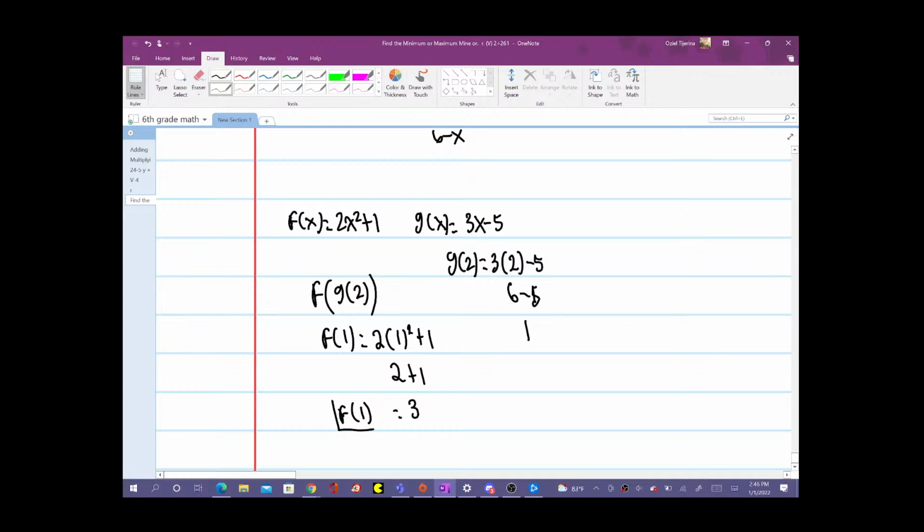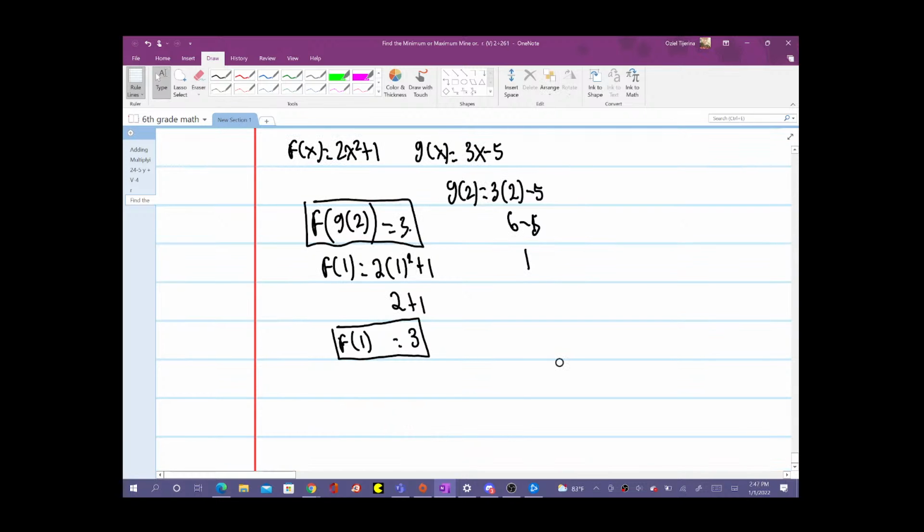Now, what's the next one? They want us to find f of g of x. So f of g of x is going to be f of 3x minus 5, which is 2 times the quantity 3x minus 5 squared plus 1.